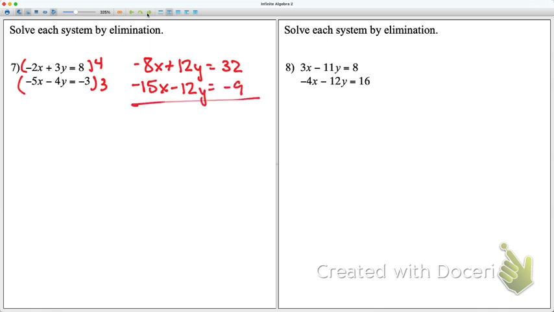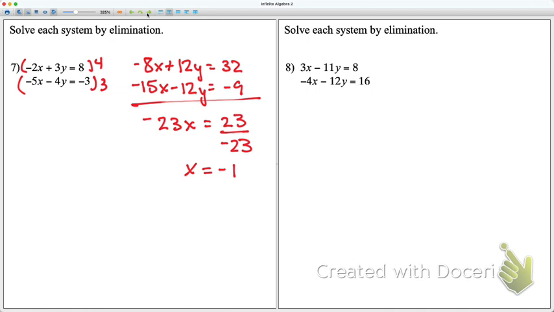So -23x equals 23. Can't subtract evidently. So x equals negative 1.